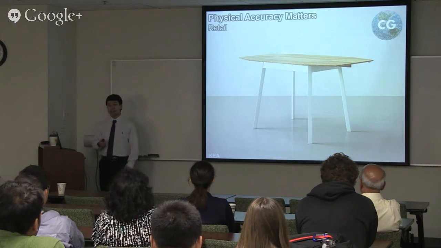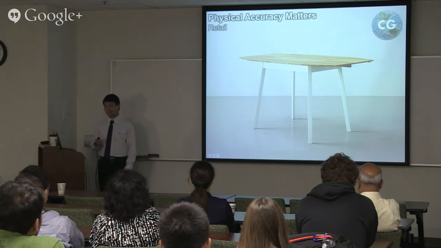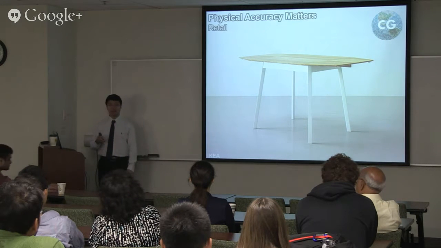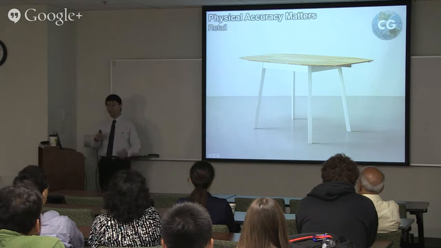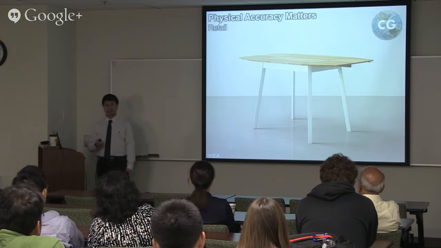In retail, there's currently a trend of advertising using computer-generated images. IKEA, for example, started using these images in their catalog several years ago. Here, physical accuracy is important for giving customers a precise understanding about the items.